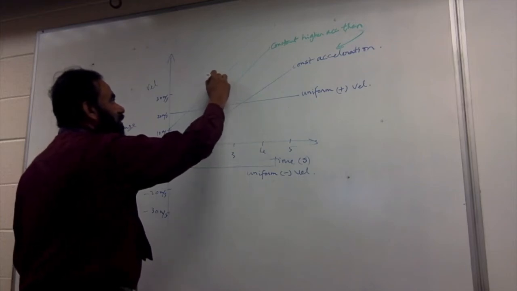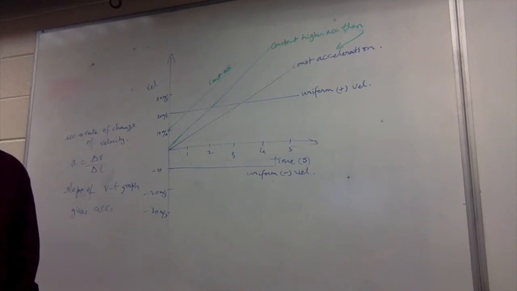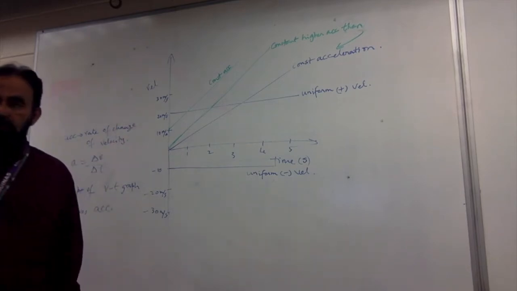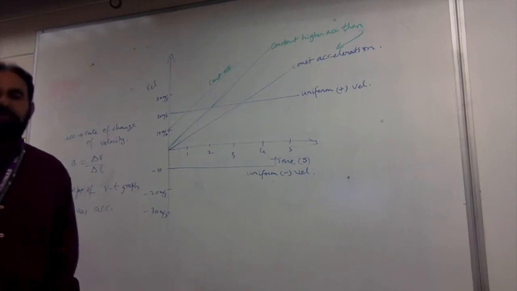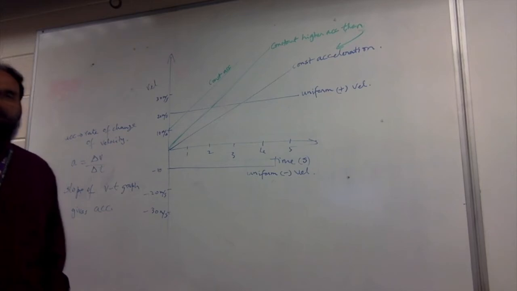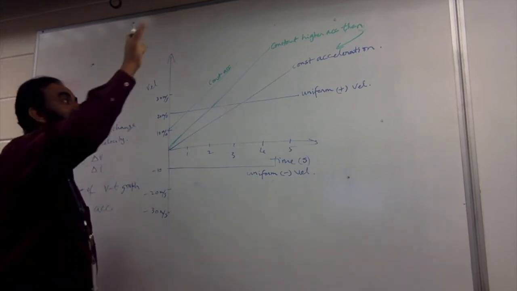This is constant acceleration, but what is unique? It does not start from zero velocity. It starts with a velocity of 10 meters per second. It's not starting from rest. It's already moving at time zero, at 10 meters per second, and then it continues to accelerate.